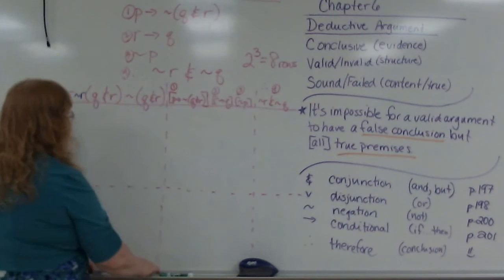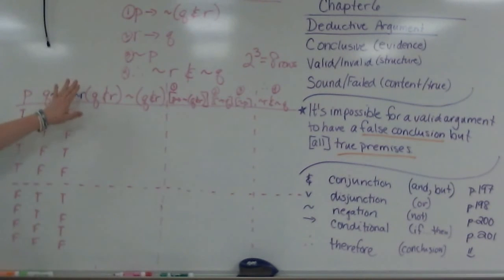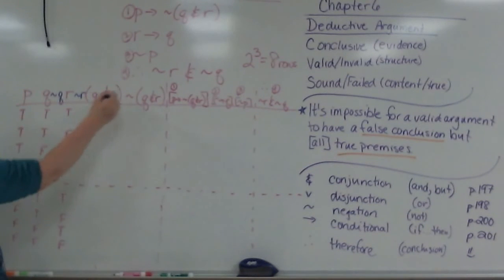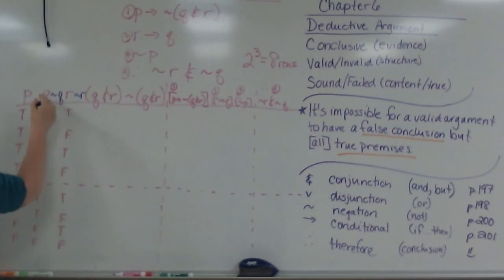So before I move on too far, I know I'm going to need this not Q and not R, so I'm going to go ahead and do them here in a different color. And so remember, the nots are opposite day, okay, which is going to be a theme going through here. So every time my regular Q is true, my not Q is going to be false, okay? So false, false. And every time it's false, it's going to be true.